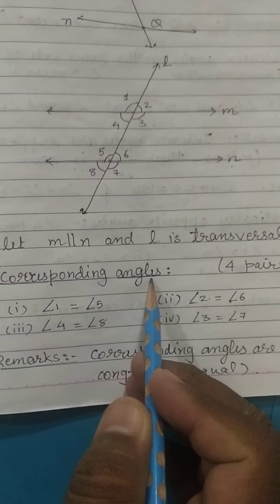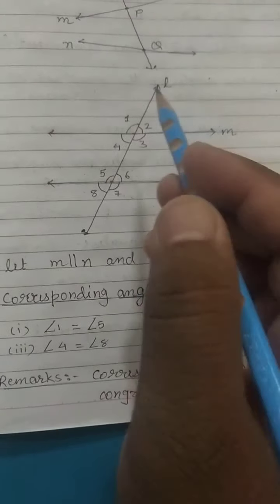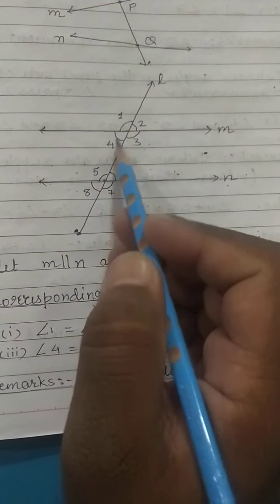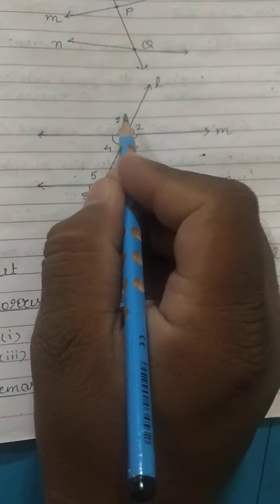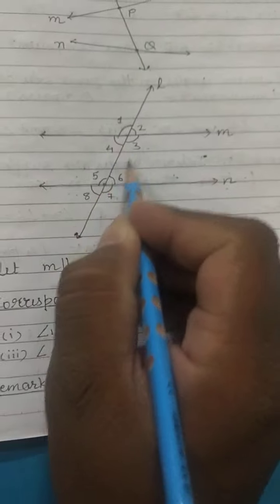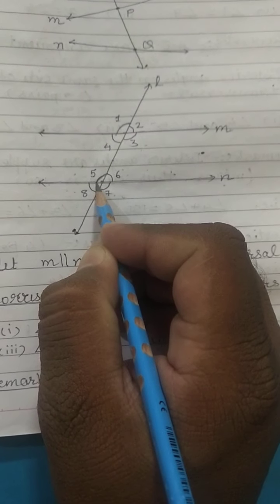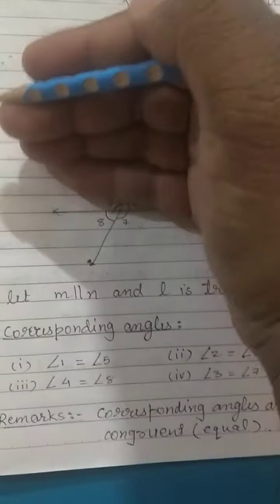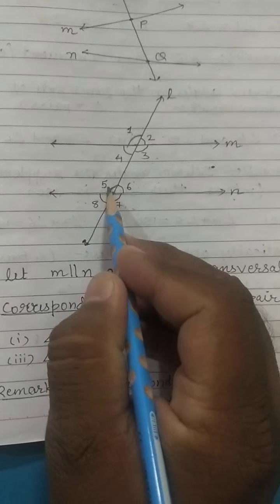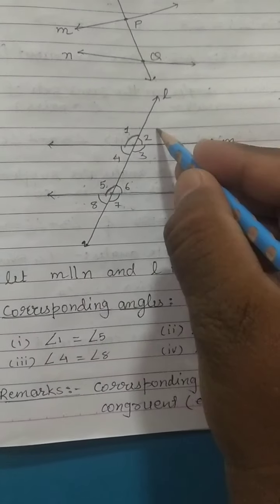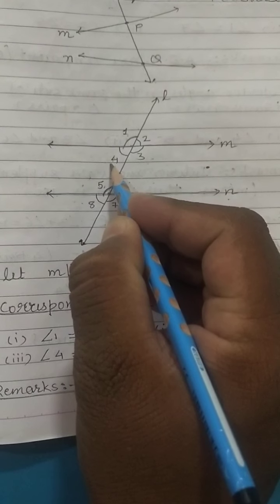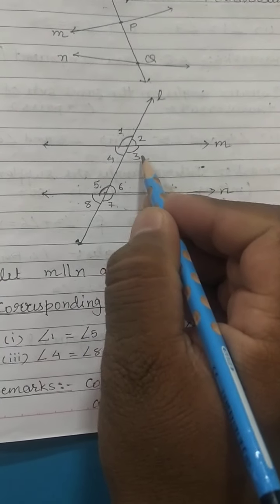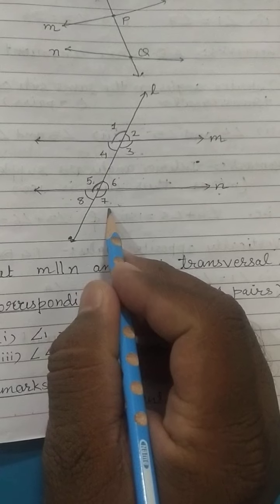Corresponding angles. See, what are the corresponding angles? The angles made by the transversal on the upper half, that is angle 1 and angle 5, that is the upper side of the line, angle 2 and angle 6, angle 4 and angle 8, lower half side, angle 3 and angle 7.